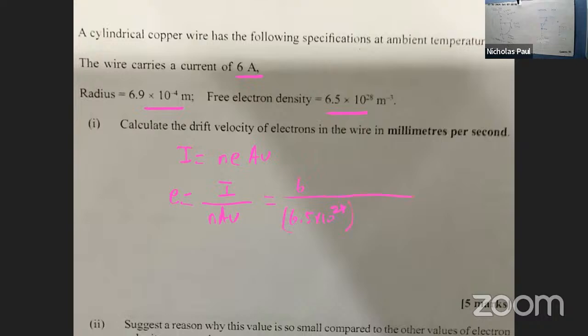Did we find area? Area is pi times 6.9 by 10 to the minus 4, squared.